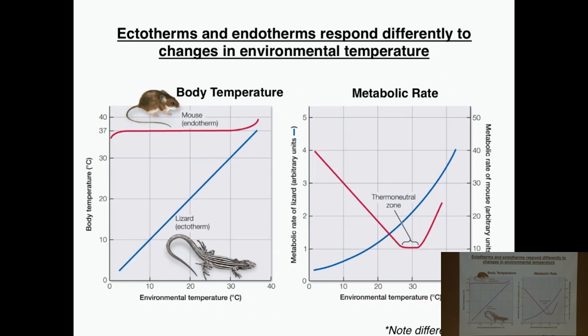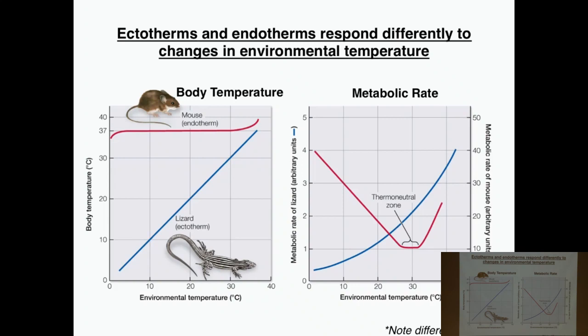And the last thing that I want to point out here before we move on to zooming in on what's going on with the metabolic rate is the differences in the metabolic rate scales for the lizard and the mouse. So the metabolic rate of the lizard, and the metabolic rate of any ectotherm, is much lower than the metabolic rate of an endotherm of a similar size.